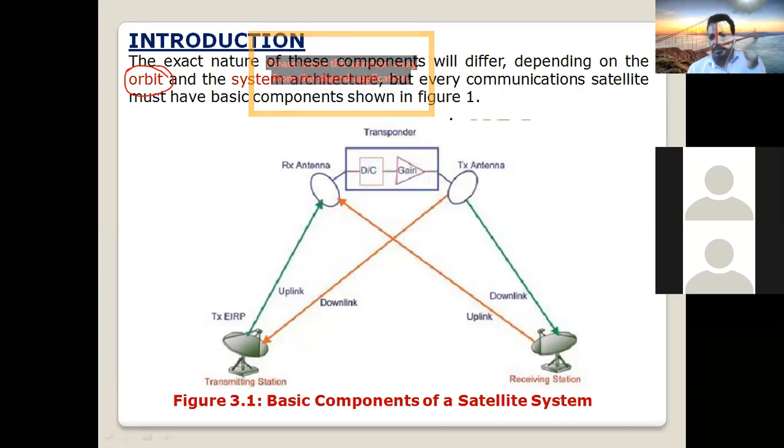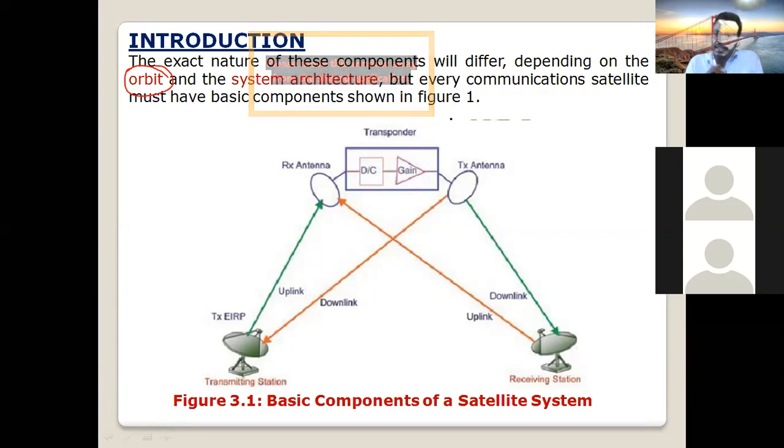First factor, it depends on orbit, okay? So when you choose a transmitter, is it for a low Earth orbit satellite? Is it for geosynchronous satellites? Is it for a medium Earth orbit satellite? The type of antenna we choose depends on the orbit. Another point, again, the components depend on the type of services we get from the satellite.